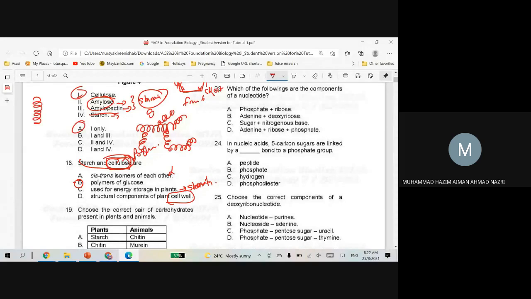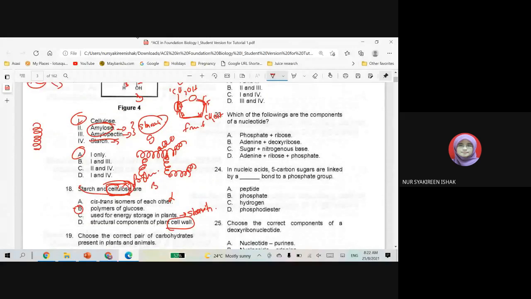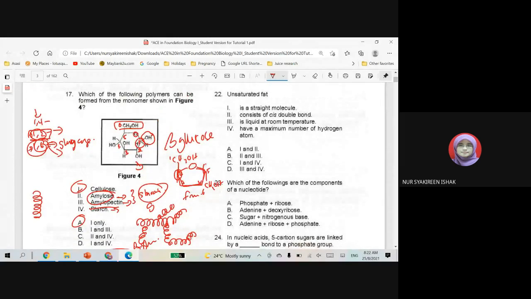Beta 1,4 glycosidic bond, because it involves beta glucose. In maltose you can put alpha, because it involves alpha glucose, so to be specific the name is alpha 1,4 glycosidic linkage.